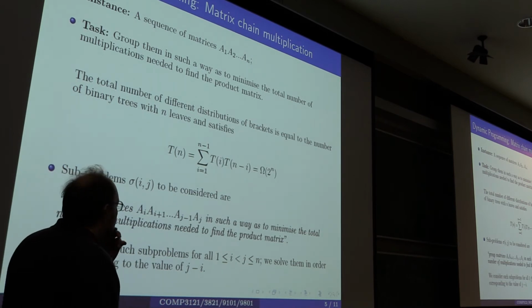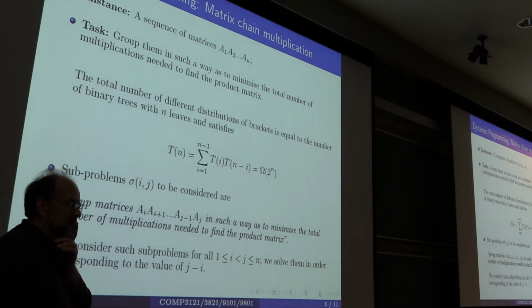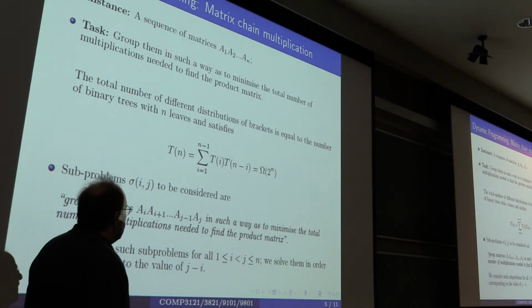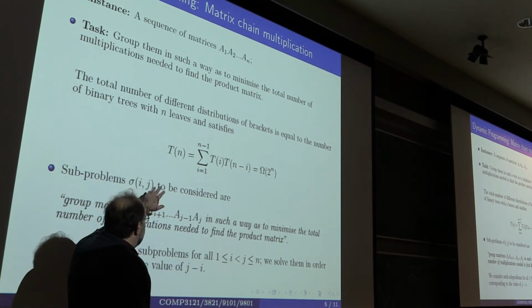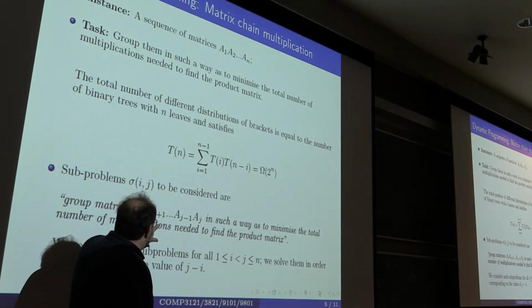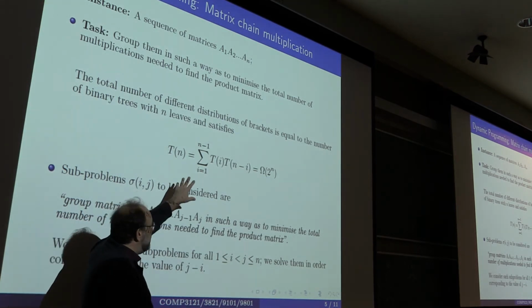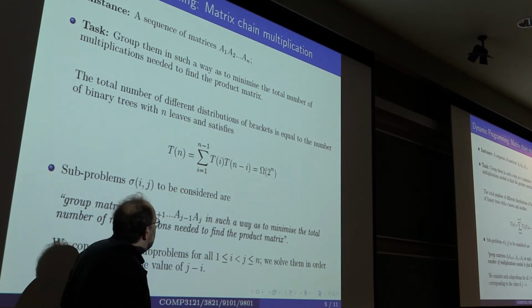So, how many different placements of parentheses are there? If you want to recurse, this is essentially in how many ways you can parenthesize the product of matrices to get a different tree that corresponds to the term.